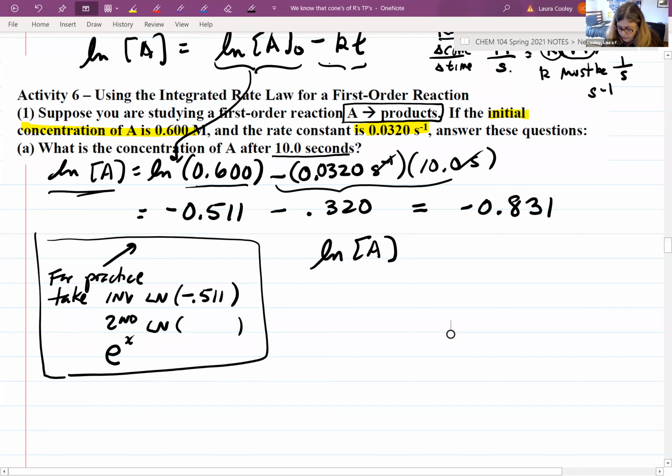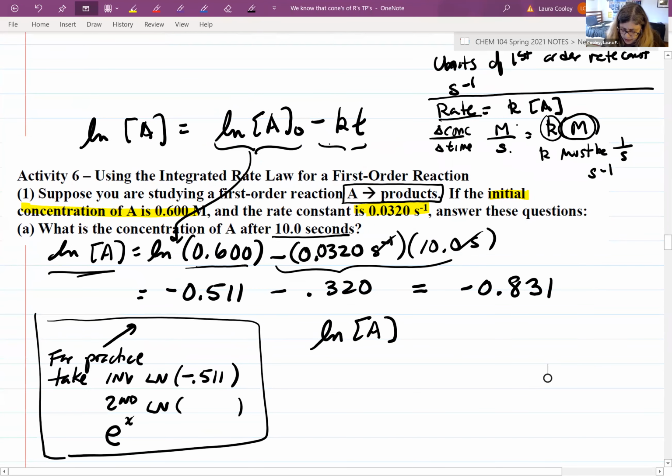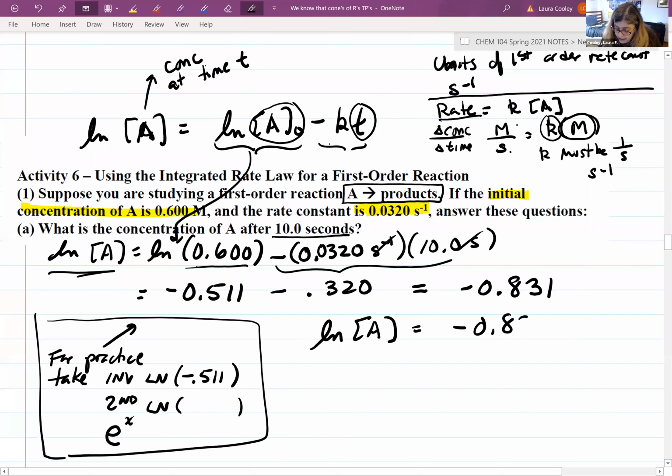and actually, let me go over what this means, okay? T is the time elapsed. This is the initial concentration, and this A is the concentration at time T, okay? So that's what we're after. So we know that the log of the number we want is equal to negative 0.831, which means that the concentration of A is actually the inverse log of negative 0.831.